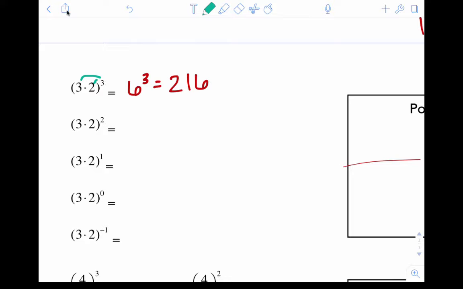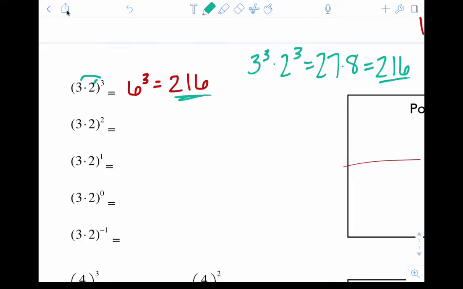So if I were to have 3 to the third times 2 to the third, that would be 27 times 8. Now I can do that multiplication to figure out that it is 216. So I got the same answer both of those ways.